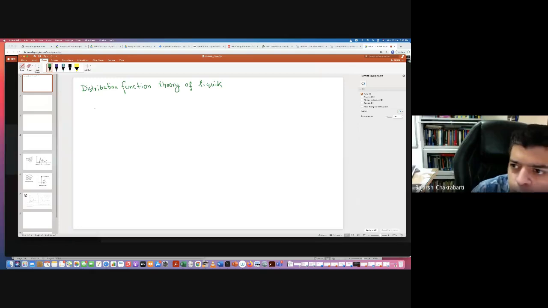Let us go back and recapitulate a few things we already know. For example, the canonical partition function. We have been using this very frequently. Let us write down the partition function. I'm calling it Q, and you know that it is given by this expression.